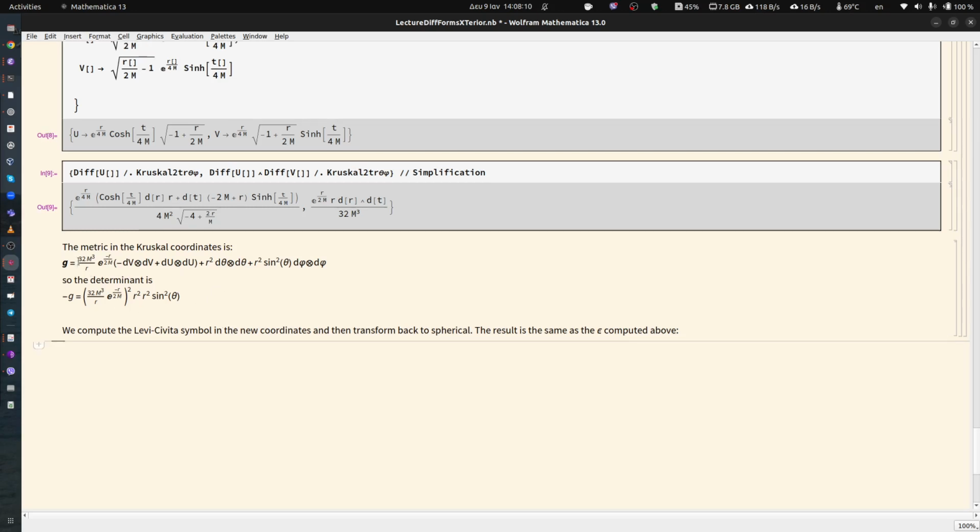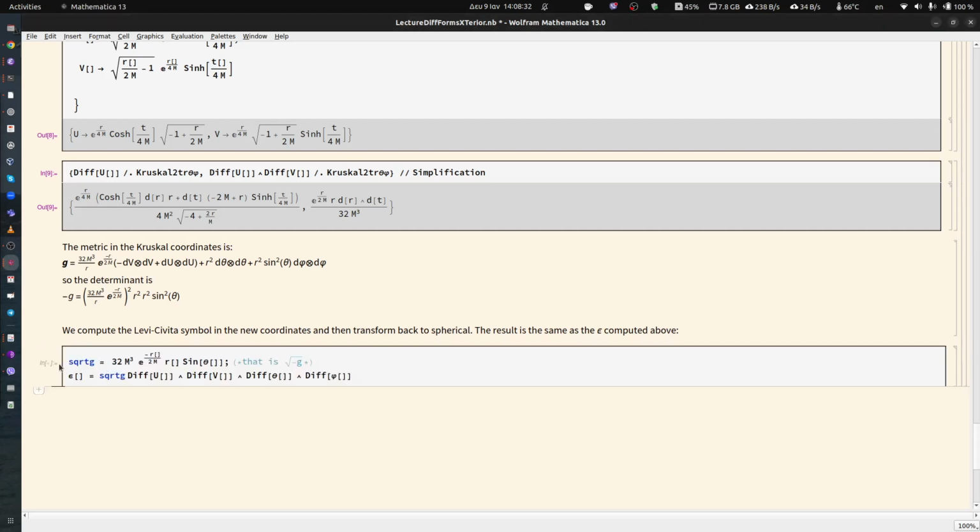So the determinant here is computed by the product of those functions. The metric here is again in a diagonal form. So you see that the determinant of the metric is given by this function here. So let's define the volume form. The square root of g is 32 m cubed, and so on, doing some elementary computations here. It's given by this expression.